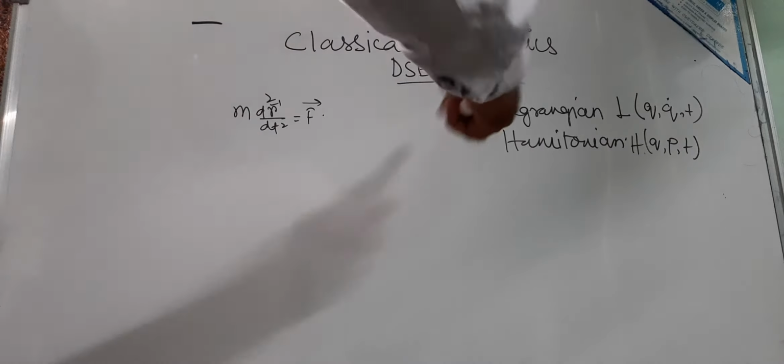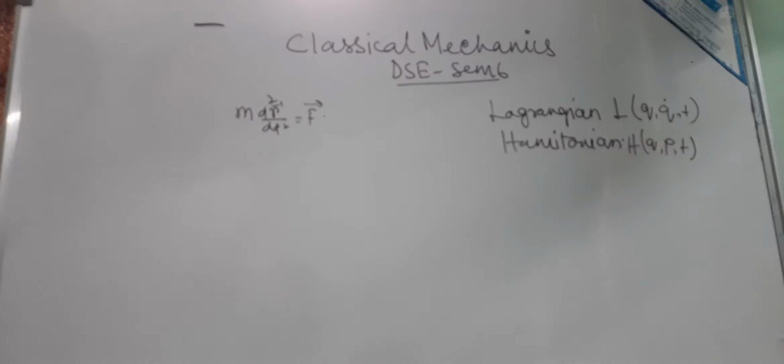The Lagrangian is a function of the position, generalized coordinates, generalized velocity along with the time, and the Hamiltonian is a function of the generalized coordinate, momentum and t. Gradually we will discuss what is Lagrangian, what is Hamiltonian.